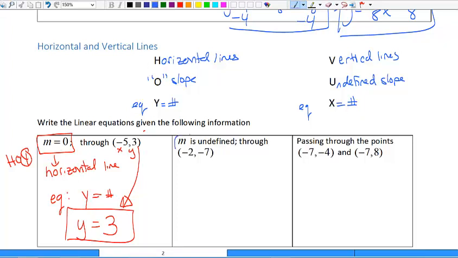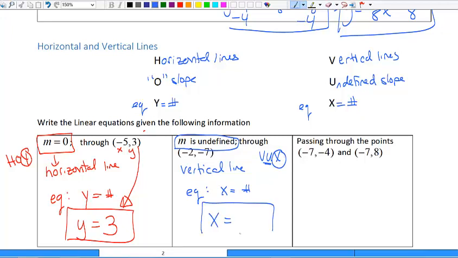In the next problem, we have m is undefined. Well, because m is undefined, you know this is a VUX problem because U stands for undefined. So this means you have a vertical line, and because it's a vertical line, you know your equation is going to be x equals some number, because that's what the x says in VUX. So we have x is equal to some number is my answer.